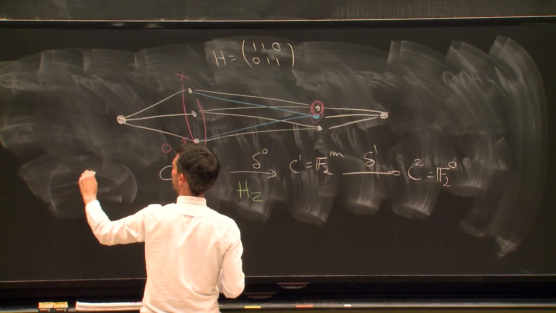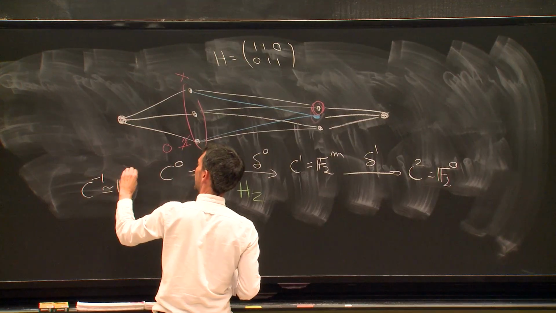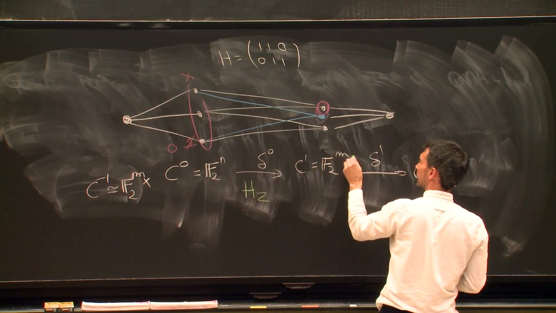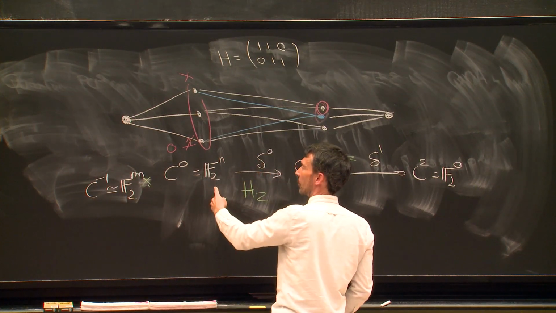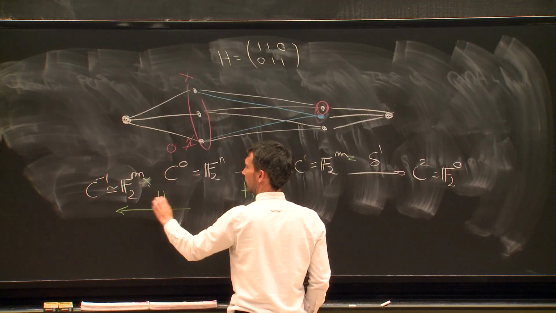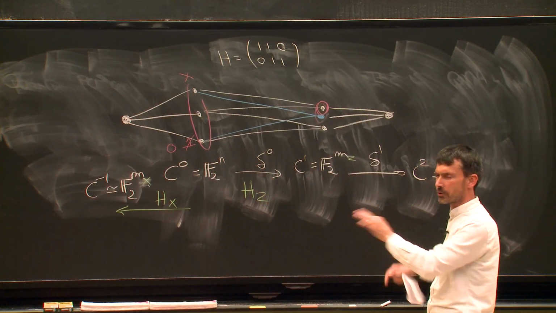Okay, so in my example, there was just one. So I can have a space here, F2 to the M, and now it's like X for the X parity checks. So this is Z, this is X. And I have a map now that goes this way, which is HX, the HX matrix. I'm just drawing parity checks on the picture, some on the left, some on the right.